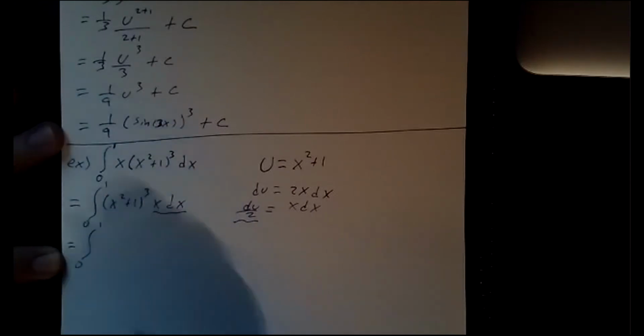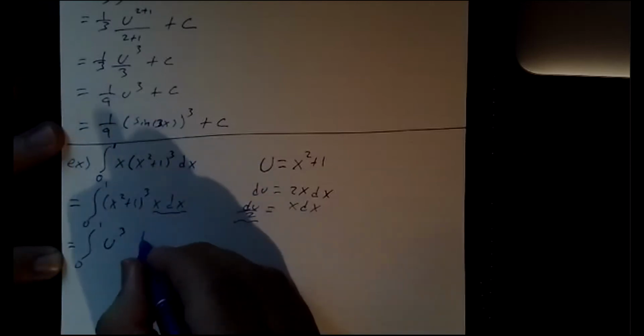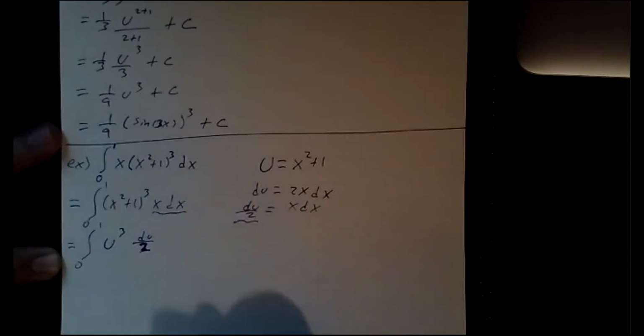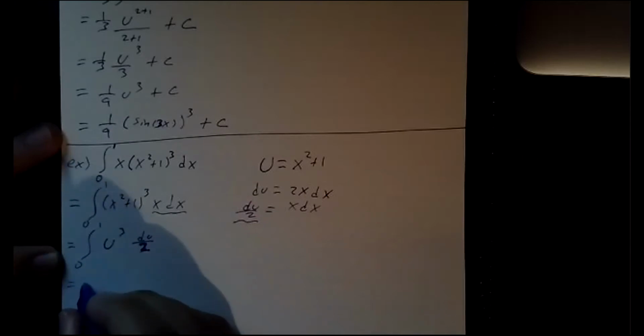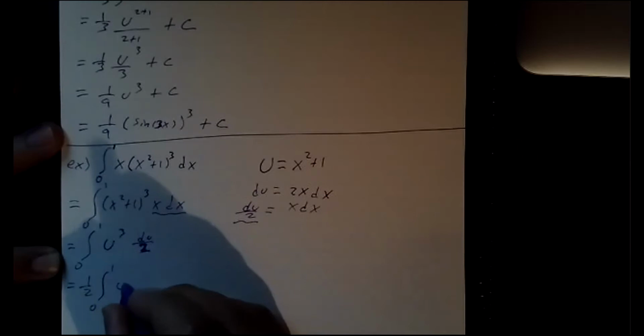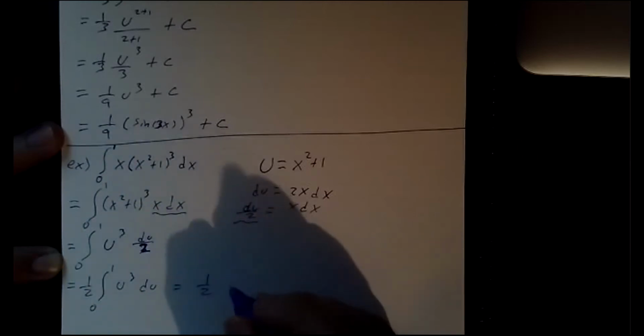So 0 to 1, and then replace the whole inside part cubed, and replace that last part with du over 2. Pull out the 1/2. Integrate this. That will be u to the 4th over 4.